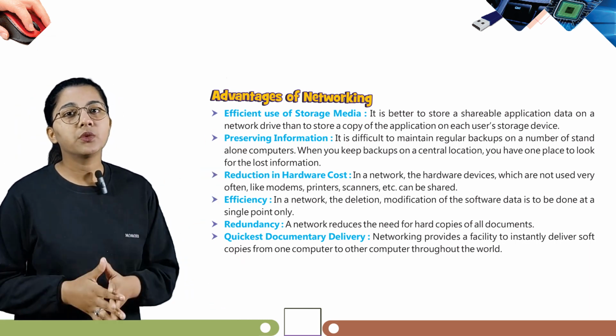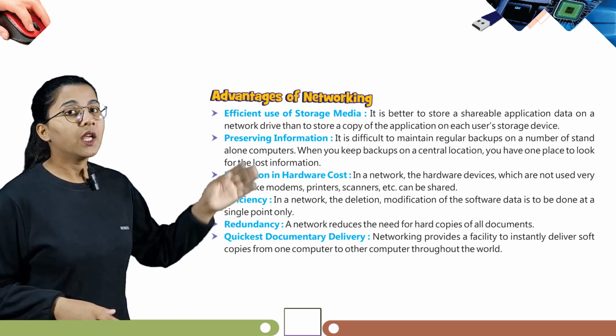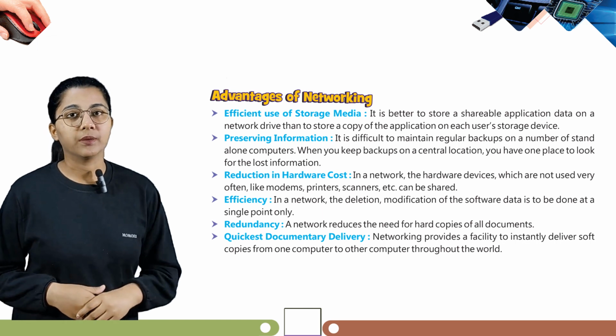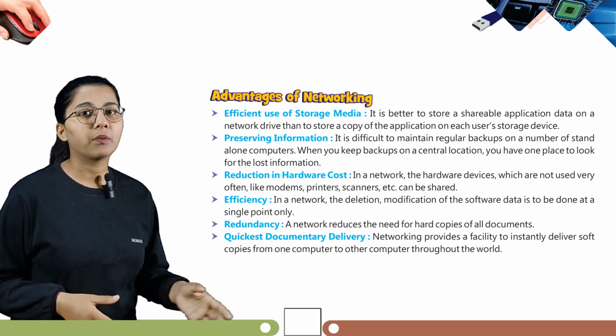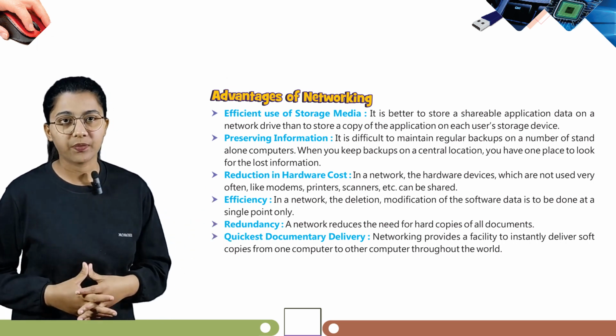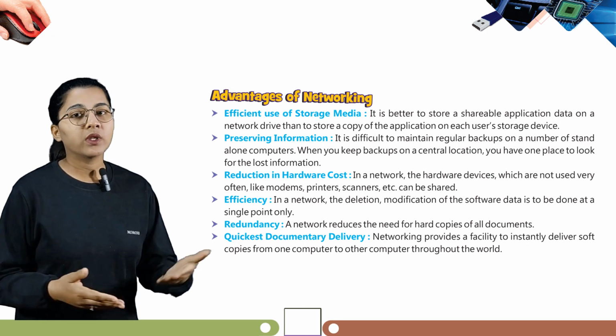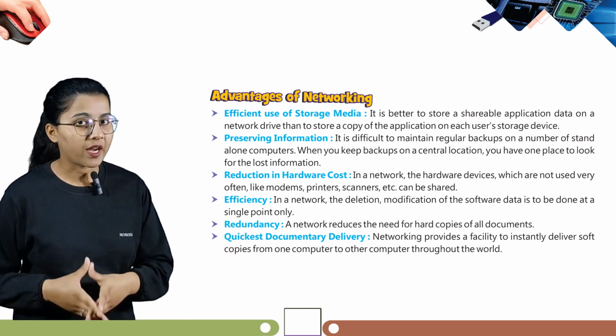A network reduces the need for hard copies of all documents. Then we have quickest documentary delivery. Networking provides a facility to instantly deliver soft copies from one computer to another computer throughout the world. So students, now you know about the computer network, internet and the advantages of network.